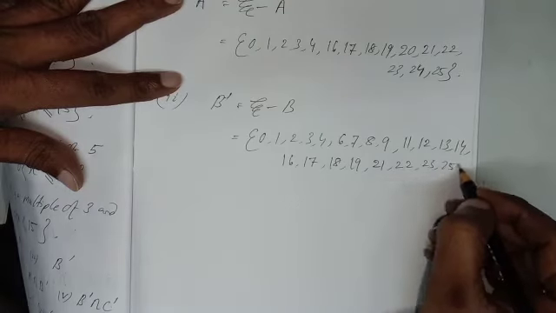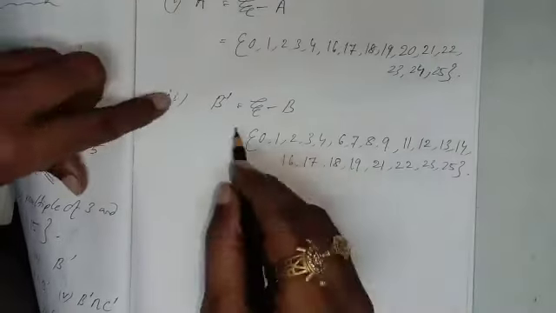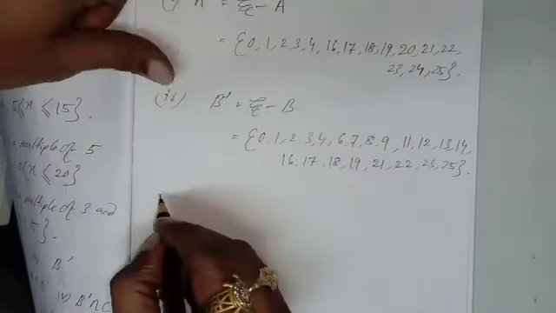This is called B complement, means universal set minus B set.